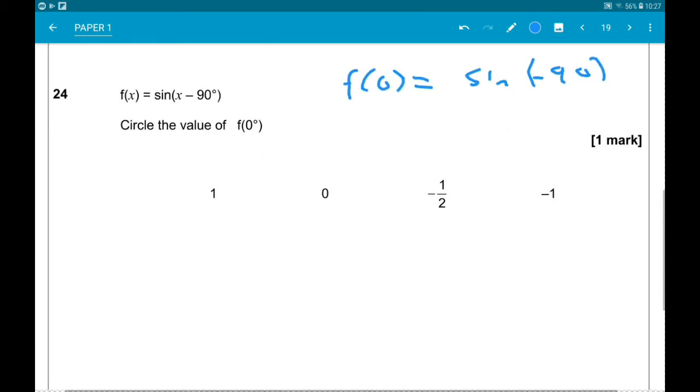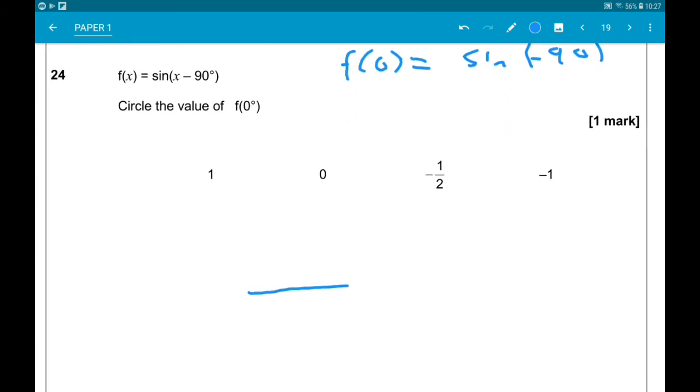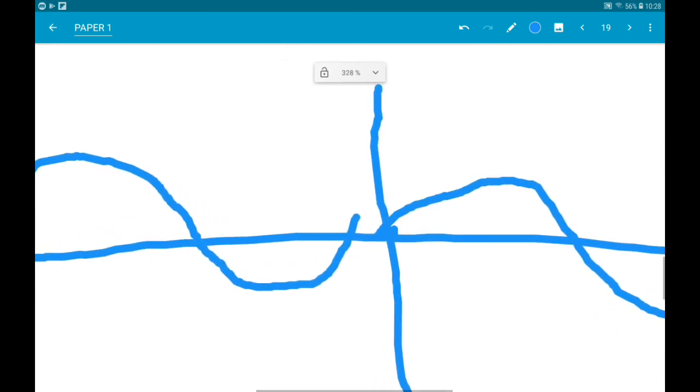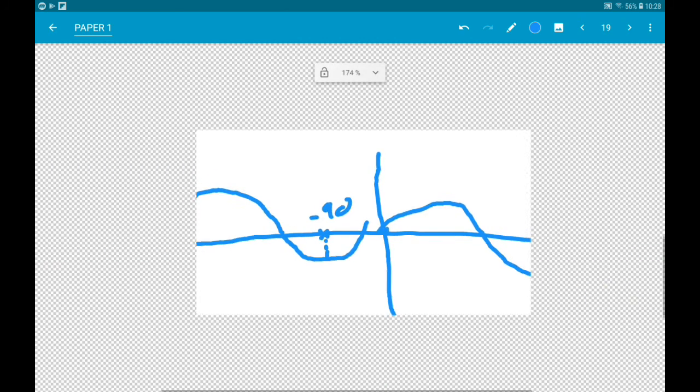Now, if we get the sine graph out, so positively it looks like that, but we want minus 90, so we need to go backwards. It's going to look like that. Now, sine and cos oscillate between 1 and minus 1. Minus 90 is here. So the value is minus 1.